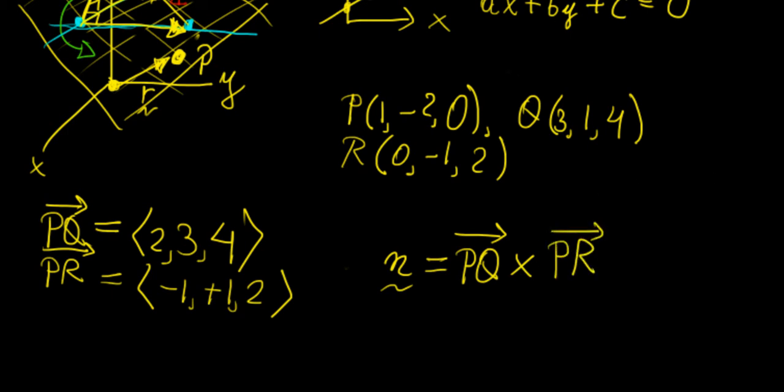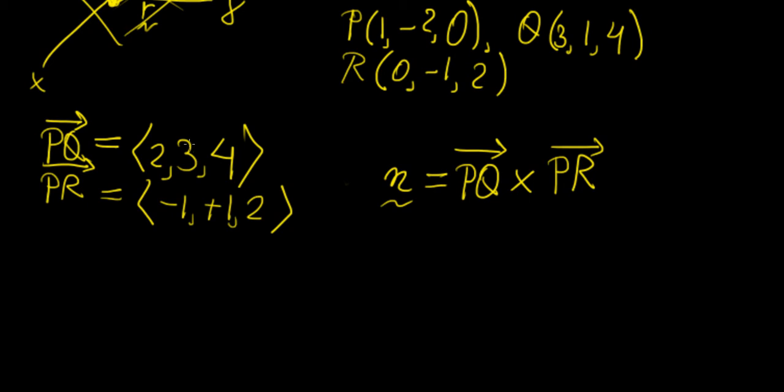So let's see what we get. We're going to do the multiplication here very quickly. So the first component is going to be 3 times 2, so that's 6, minus 4 times 1. So that's 6 minus 4, that's 2. Then for the second one, we're going to have 2 times 2, that's 4, minus 4 times minus 1, so that's 8.